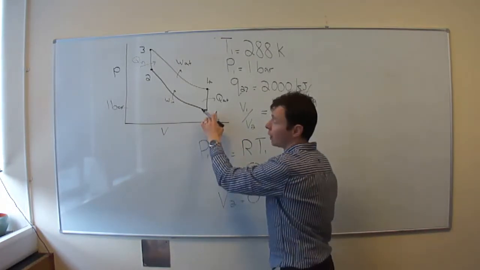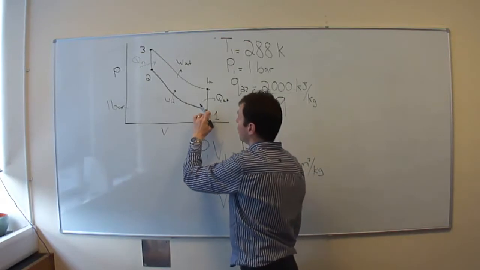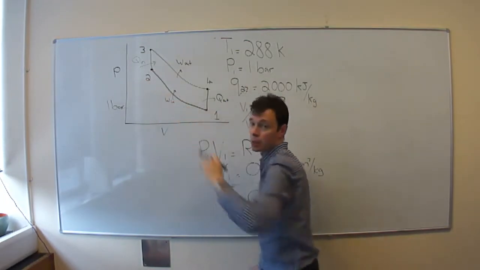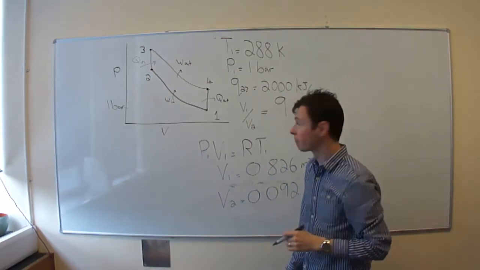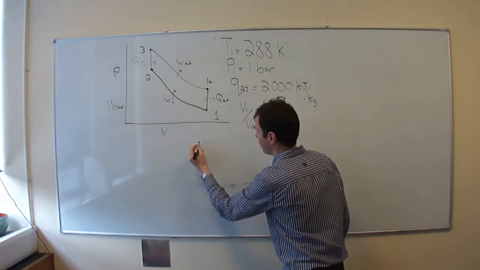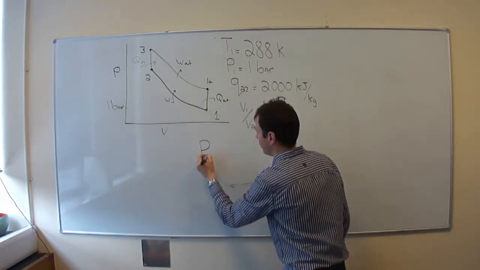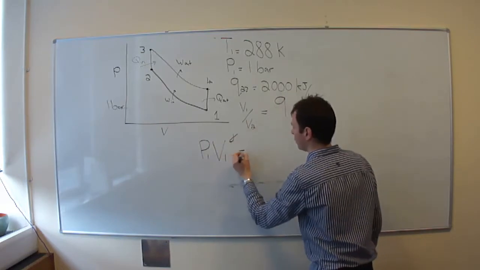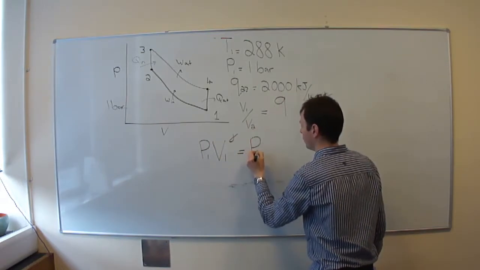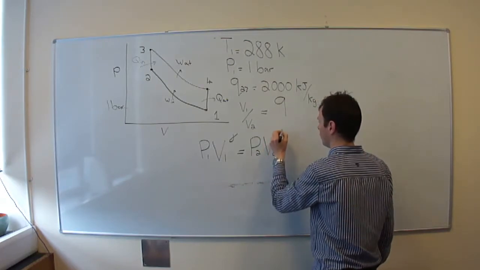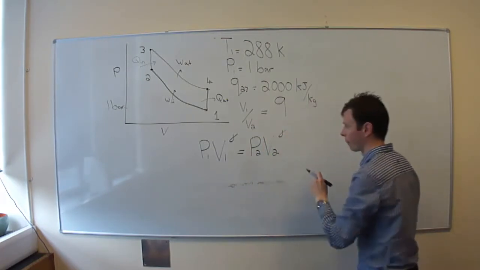Next step is to use the equation that we know relates point 1 to point 2, because it's an adiabatic process. Right, so we can now write P1 V1 to the power gamma equals P2 V2 to the power gamma.